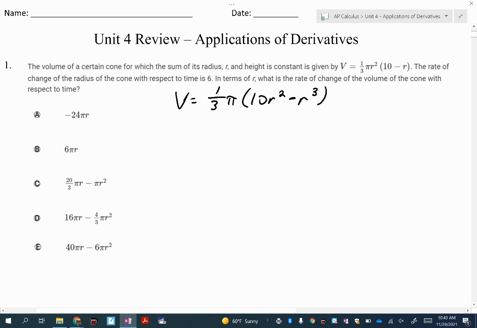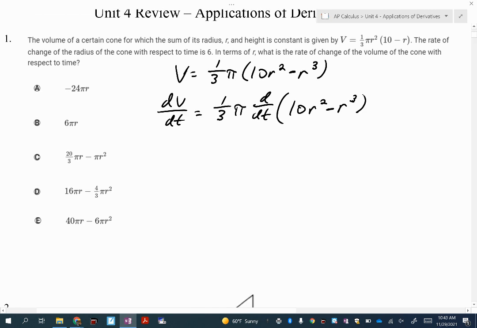Okay, so now when I find the derivative, I'm going to do dV over dt, that's the derivative. I'm going to bring this 1/3 pi in front, and then take the derivative of 10r squared minus r cubed. All right, so again, my 1/3 pi is just a constant. And then this becomes the derivative of 10r squared is 20r, and then minus 3r squared.